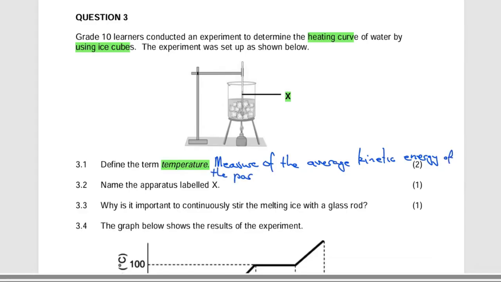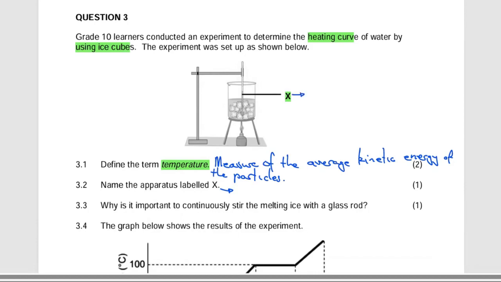So if the particles have more energy, they're going to have more kinetic energy. So if you increase temperature, kinetic energy is also going to increase.